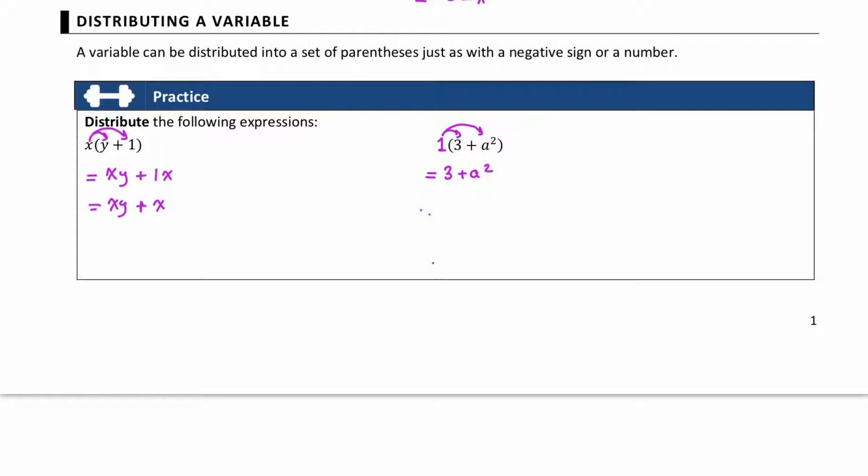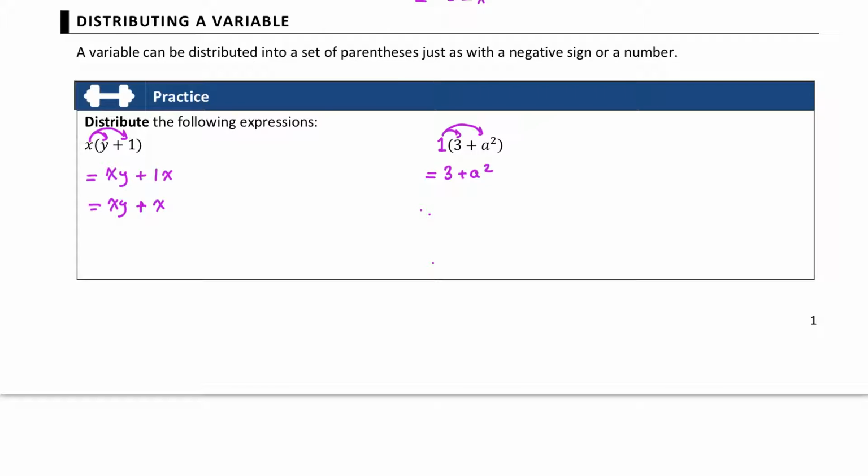So you can see that if you have a bracket of polynomial and there is nothing to the left of it, or if it's just a positive value over here, it means that you don't even have to put it in brackets. You can just get rid of the brackets because it's already as simplified as it can get.